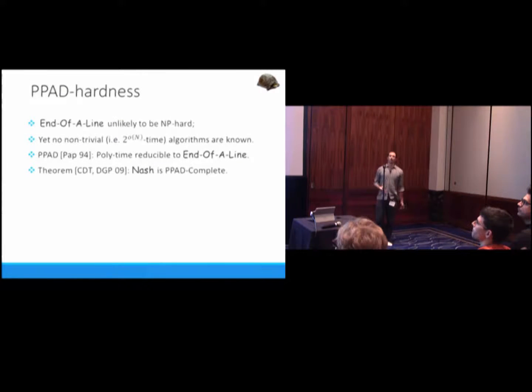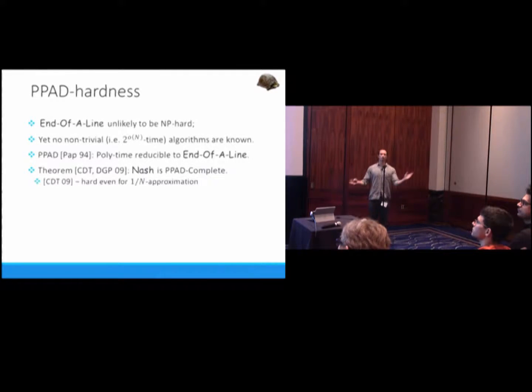And Daskalakis, Goldberg, Papadimitriou, and Chen and Deng proved that computing a Nash equilibrium is indeed PPAD-complete. So it's as hard as this End of a Line problem. Furthermore, even a 1 over n approximation is still PPAD-hard. Here the approximation is additive, so smaller means a better approximation.